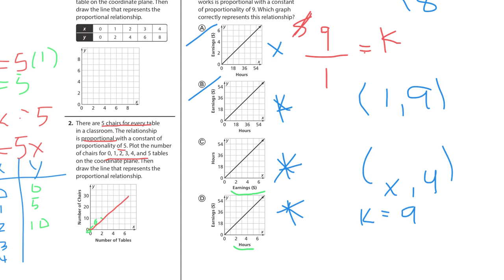If we look at the coordinates, for this one we have 2, 18, and for this one we have 2, 18. Notice that for both, if we divide by 2, it gives us 9. But we have to make sure the labels are correct.